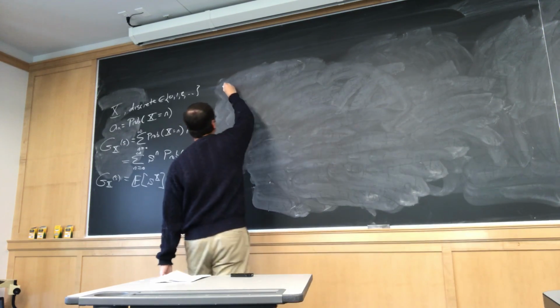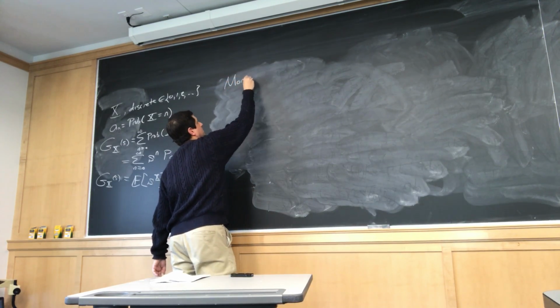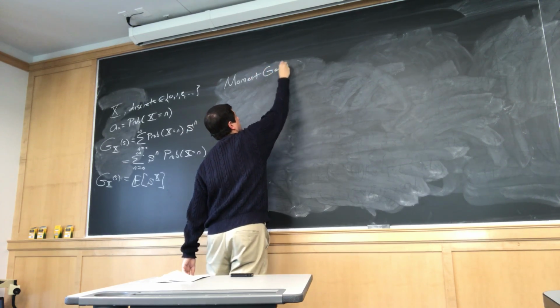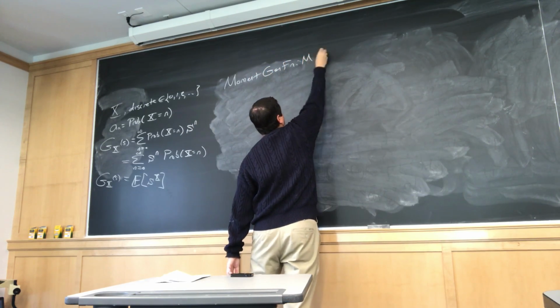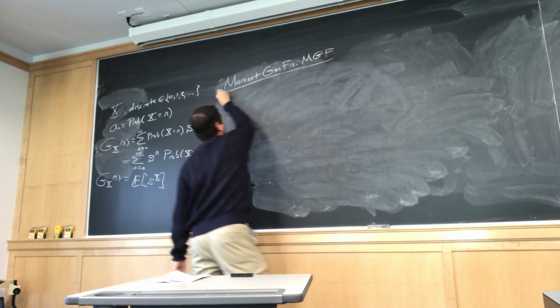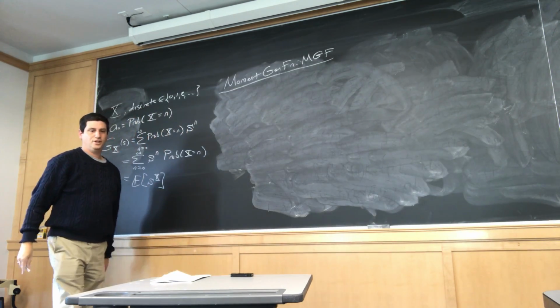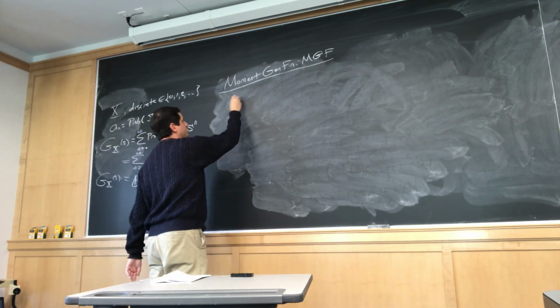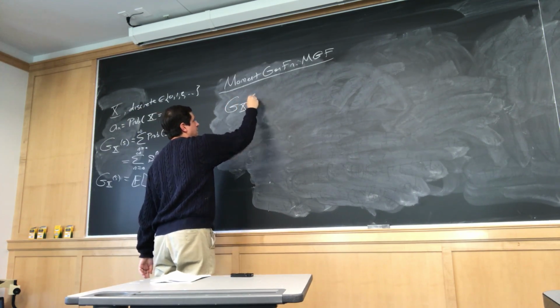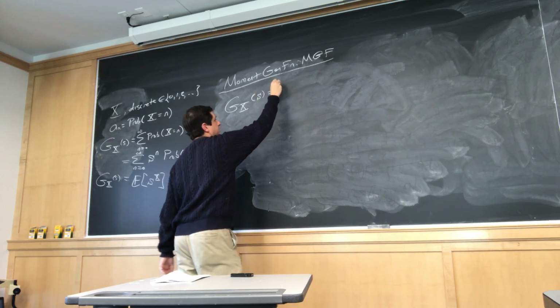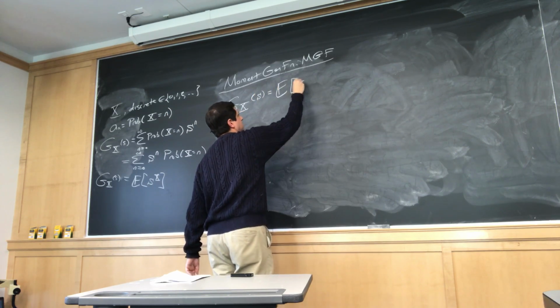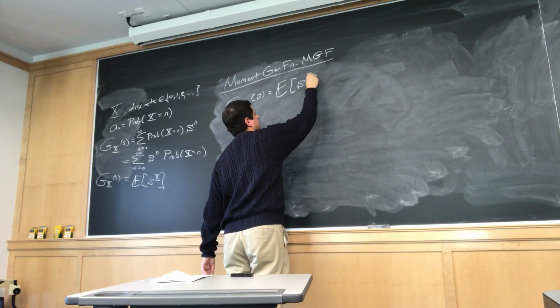So the moment generating function, in a structure, is abbreviated MGF, right? So the generating function of x at s is the expected value of s to the x.